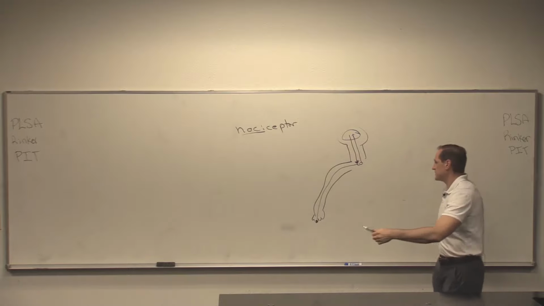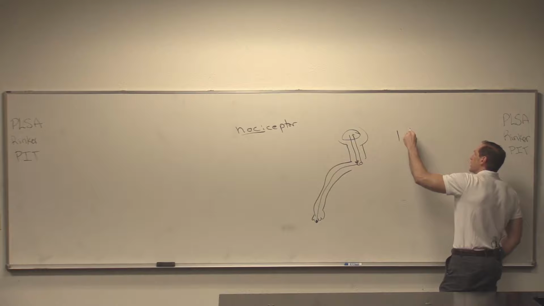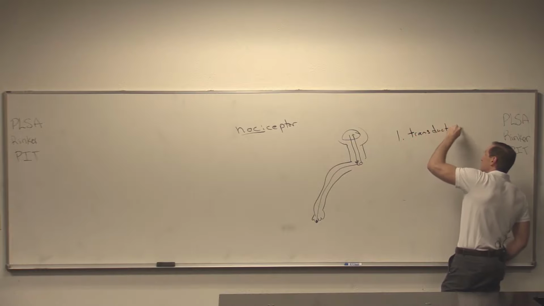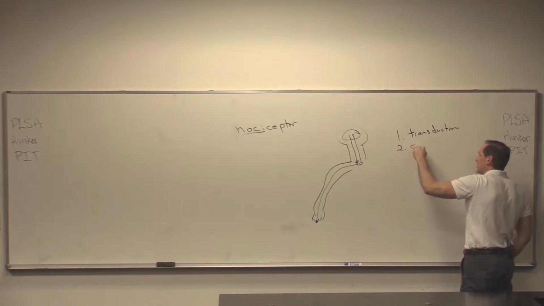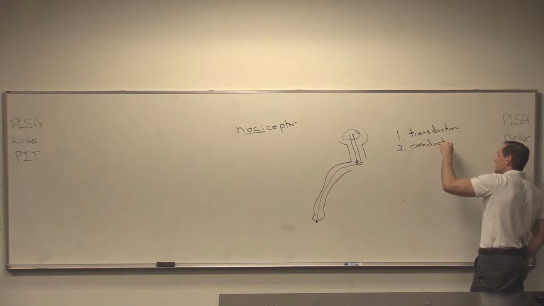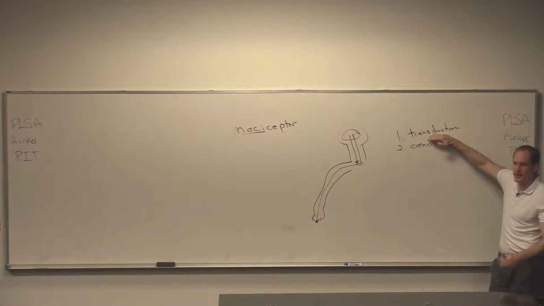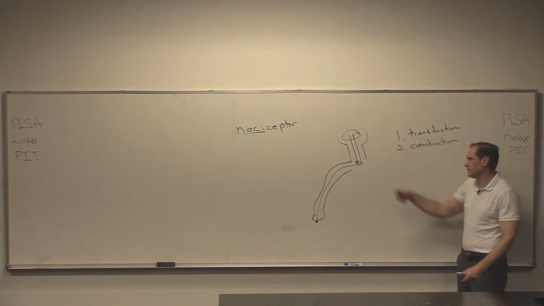So the 4 steps then, step number 1 is transduction. And there's 2 terms we'll have to talk about with that. Then we have conduction, which is the nerve transmission itself. So the receptor being stimulated is transduction. Conduction is the nerve sending that up the pathway.